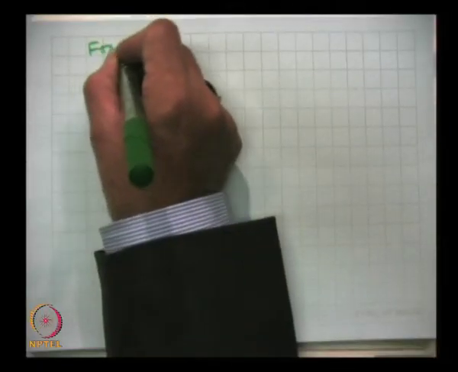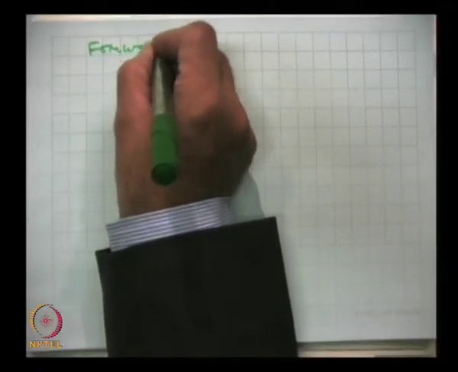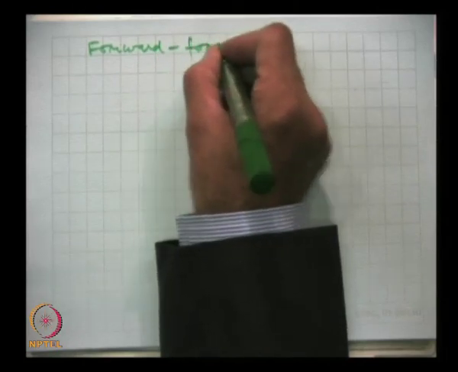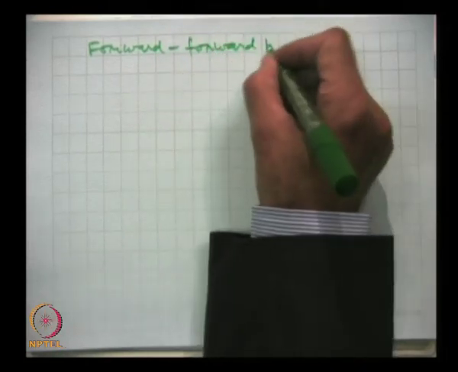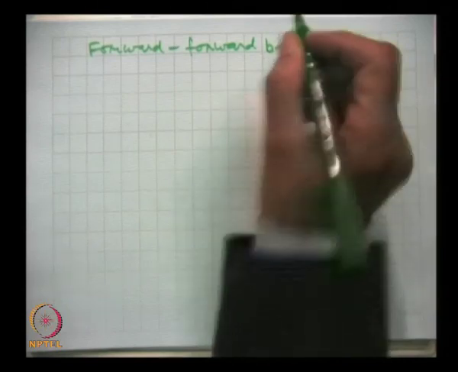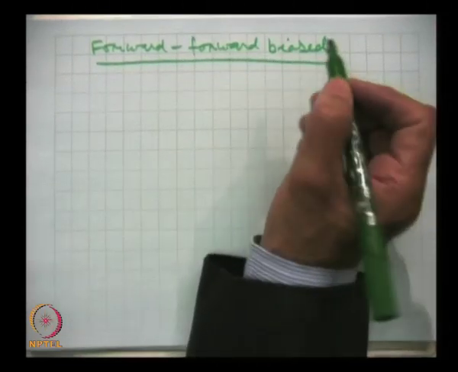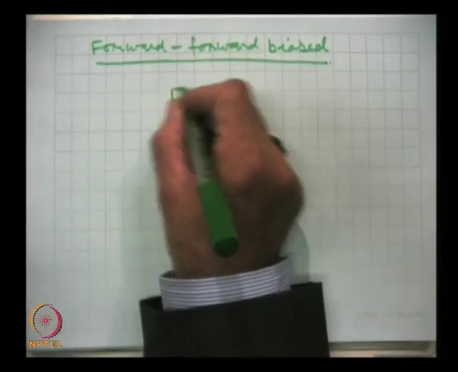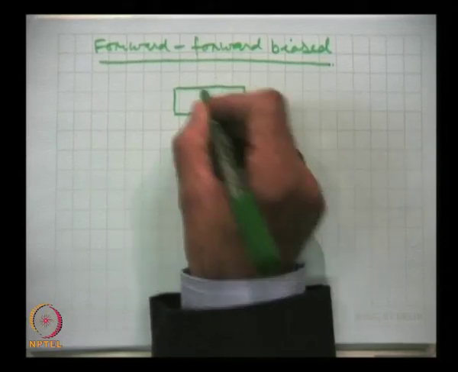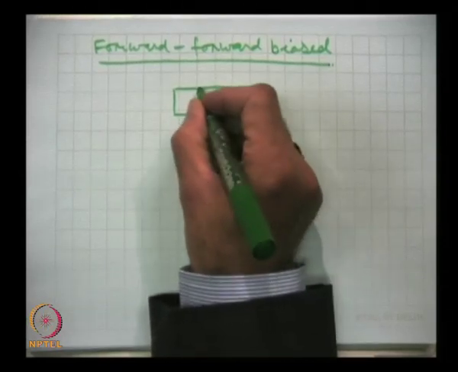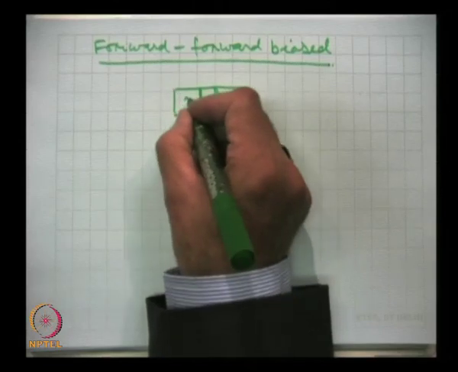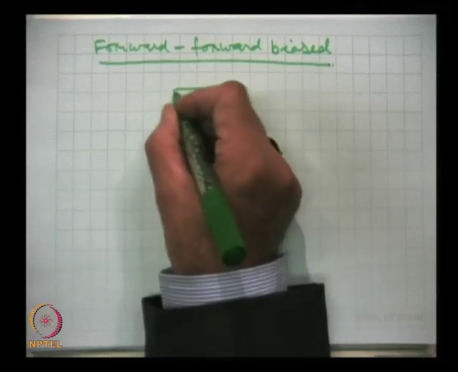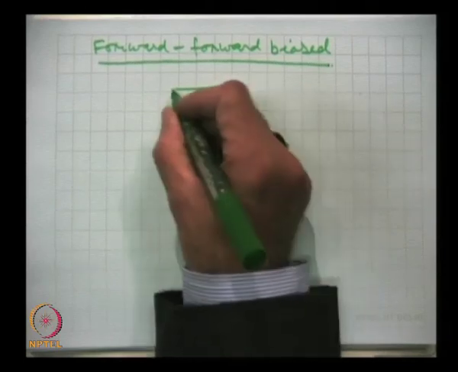First, we take forward bias. And a simple circuit we can draw. These are ohmic contacts.